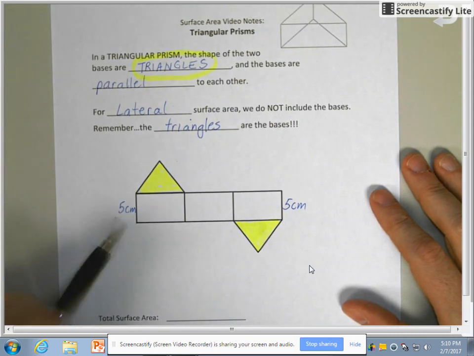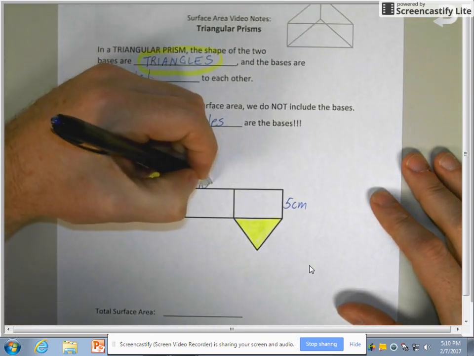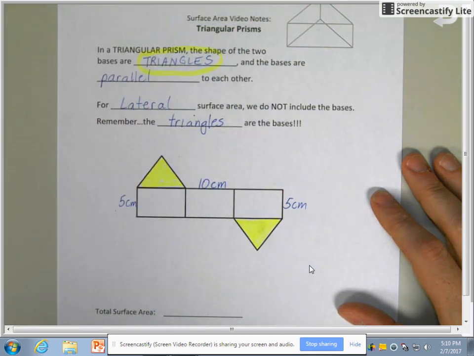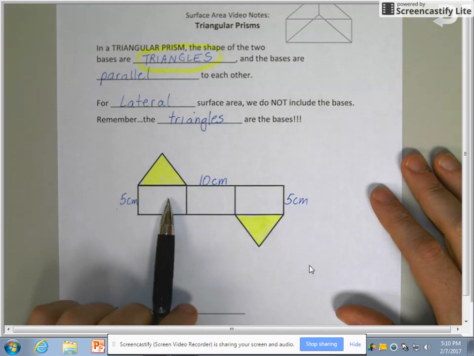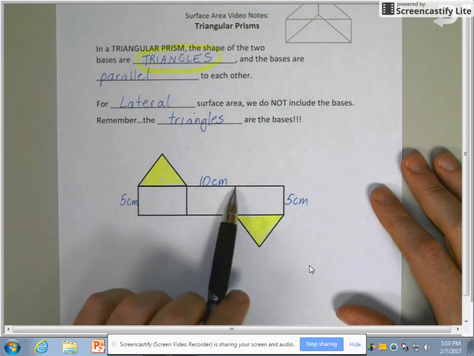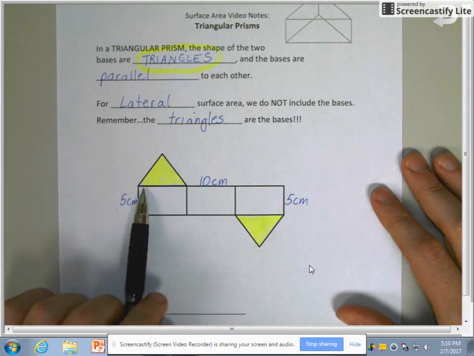And we're going to mark this distance across the rectangle as 10 centimeters. Of course, these rectangles are congruent, which means that if this is 10 centimeters across here, then this will also be 10, and so will this.